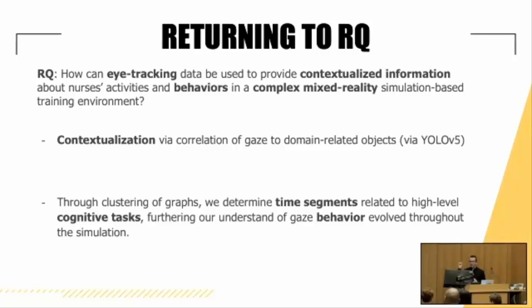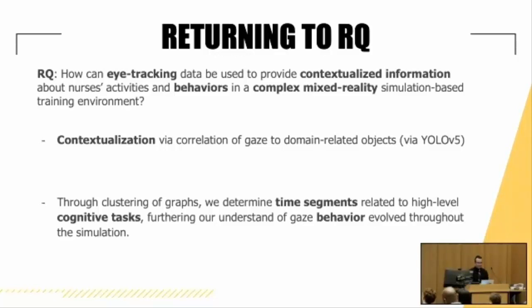That way we can actually know what objects they look at related to the nursing domain. And then to actually understand their behaviors and how that changed in the environment, we use the clustering graphs to be able to determine those time segments that are related with the cognitive task. It helps us understand the evolution of their behavior throughout the simulation according to a cognitive task model.